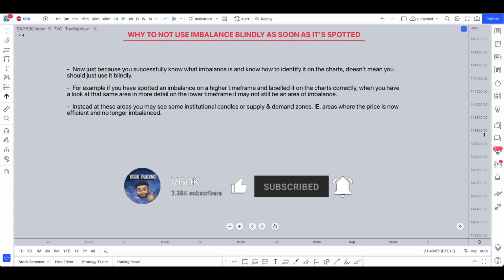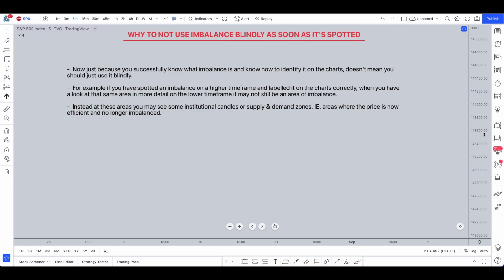However, when you inspect that exact same area on the lower time frame, the imbalance may no longer be there. At these areas, you may see institutional candles or other candles which no longer have imbalance in them. Usually what I tend to see is new supply and demand, so either there would be rally-base-rallies or drop-base-drops in those areas of those higher time frame imbalances.